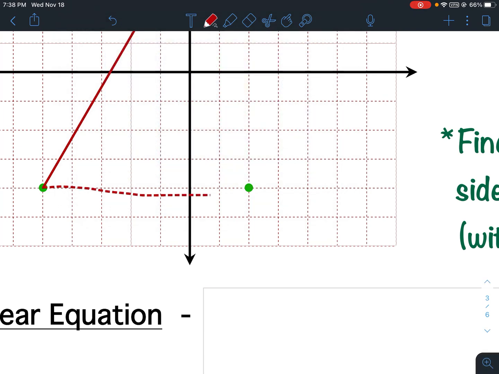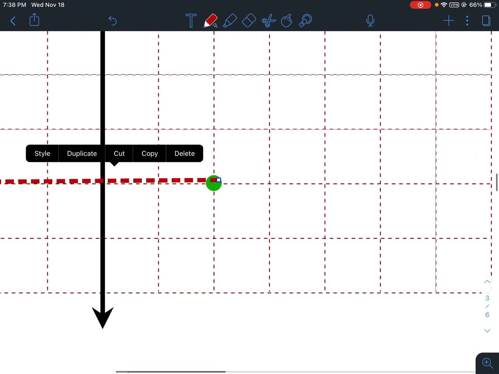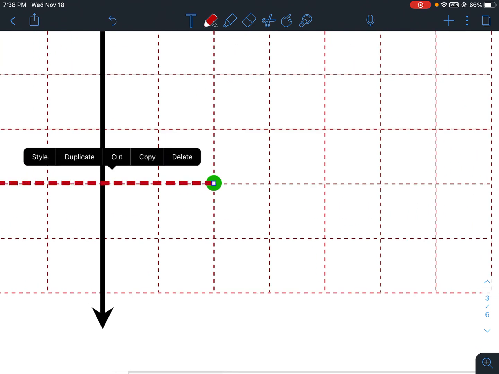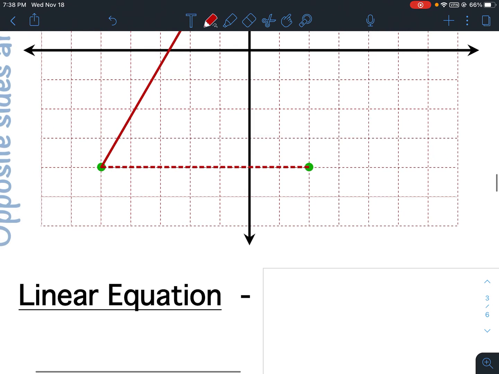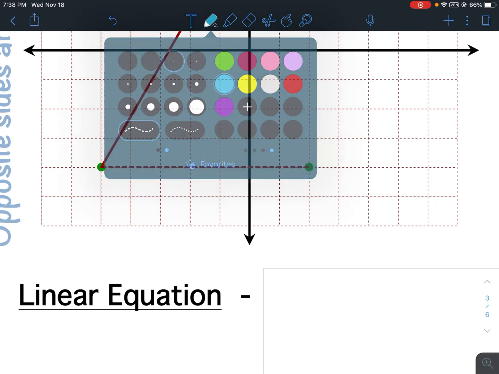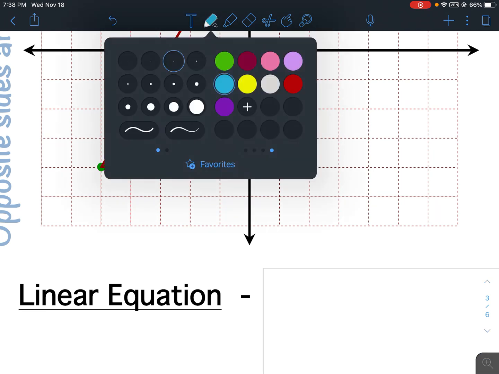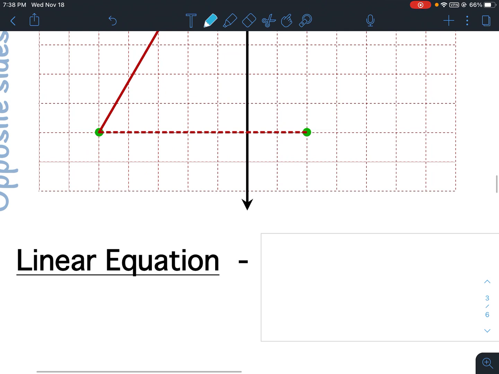So from this point to this point would be 7 units long. Let's double check. 1, 2, 3, 4, 5, 6, 7.